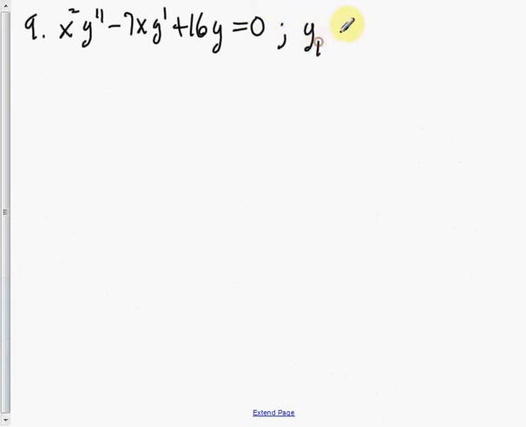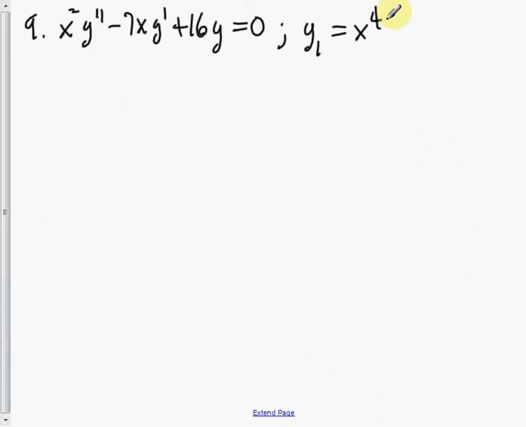The first solution, y sub 1, is given to be x to the 4th. What is p of x? Negative 7 over x. You see that?